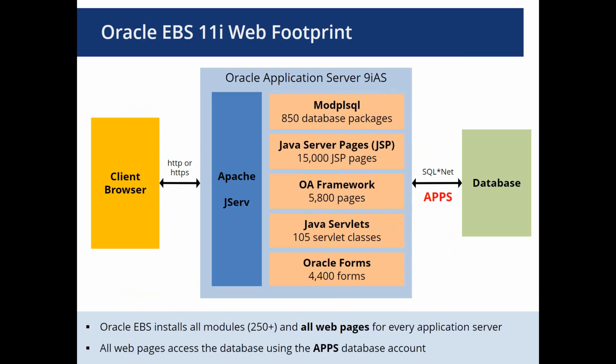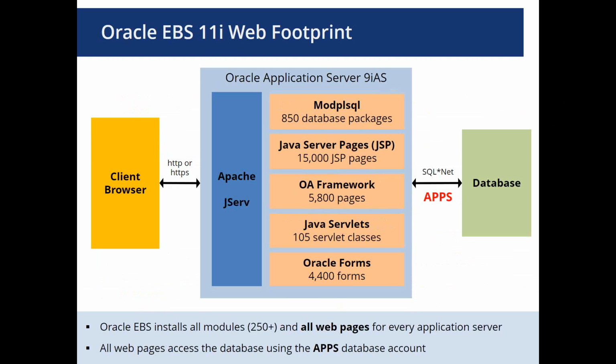One huge difference is there is a component called mod.plsql within 11i that was removed in R12. Mod.plsql actually is a web application framework that uses database packages to generate web pages. So there's about 850 pages there, and I'll actually show you a vulnerability in one and show you how it works behind the scenes in Oracle. And 11i works the exact same way as R12.